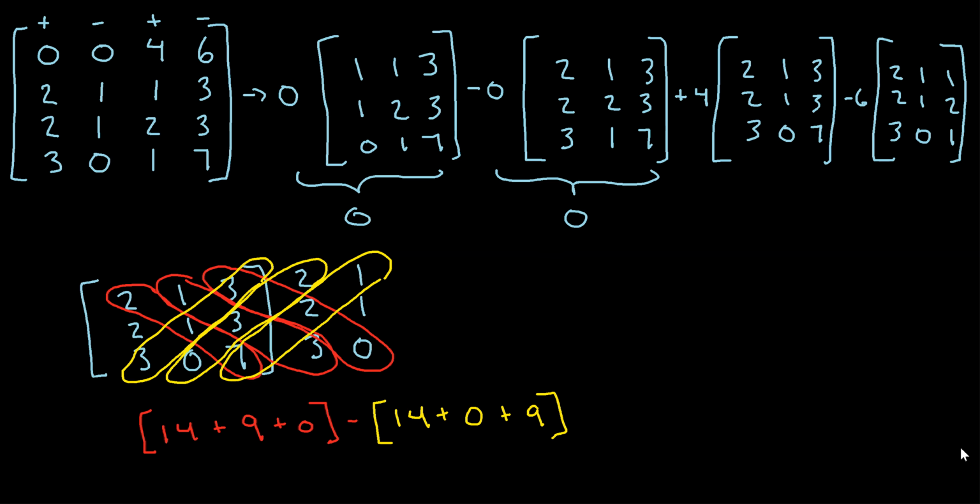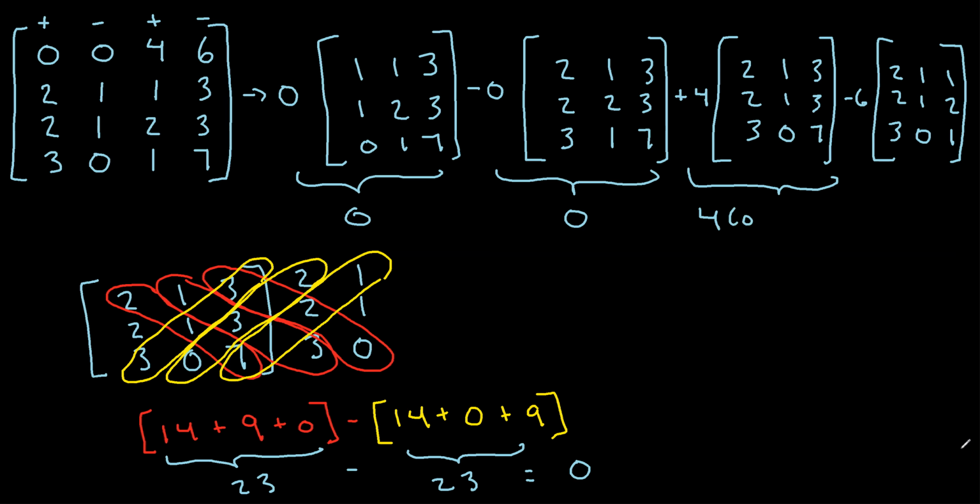So the determinant of this matrix turns out to be, we have 14 plus 9 is 23, minus 14 plus 9 again, so that's 23. So 23 minus 23 is 0. So for this entire portion right here, it becomes 4 times 0, which is just 0.